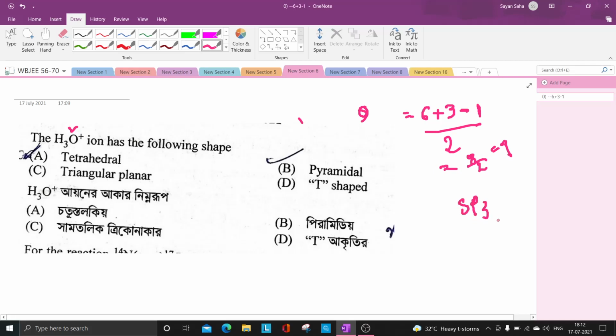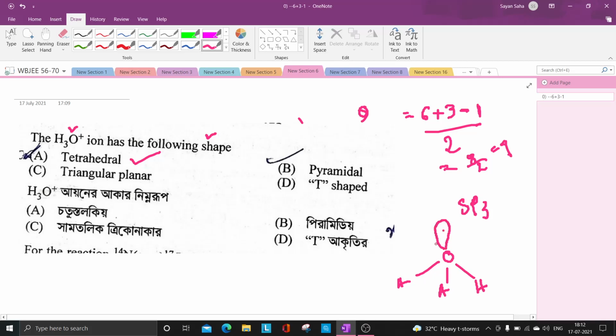Okay. Now you will say that with sp3 hybridization the geometry is tetrahedral. Yes, geometry is tetrahedral, but they are asking about the shape. Now you see in H3O plus, this is O, this is H, this is H, this is H, and here is a lone pair.